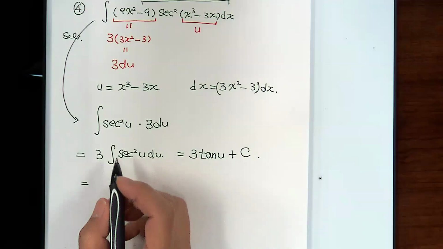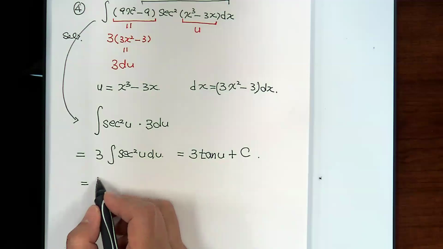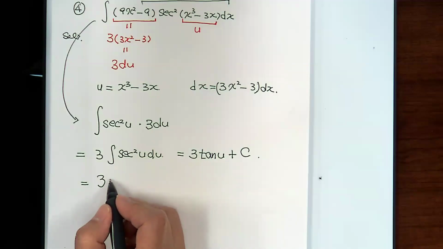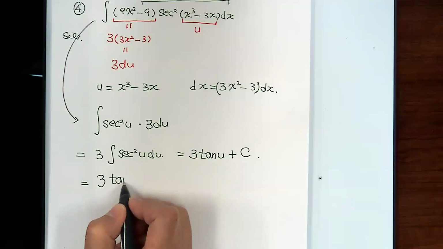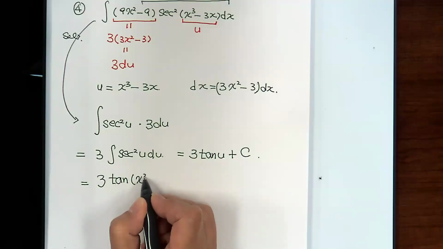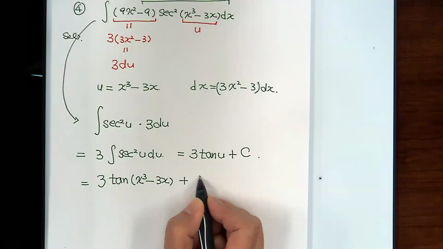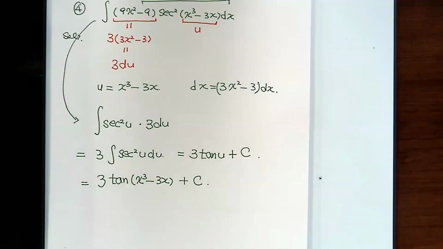The original variable was x, so we will replace u by x cubed minus 3x. So 3 times tangent of (x cubed minus 3x) plus c. Any questions?